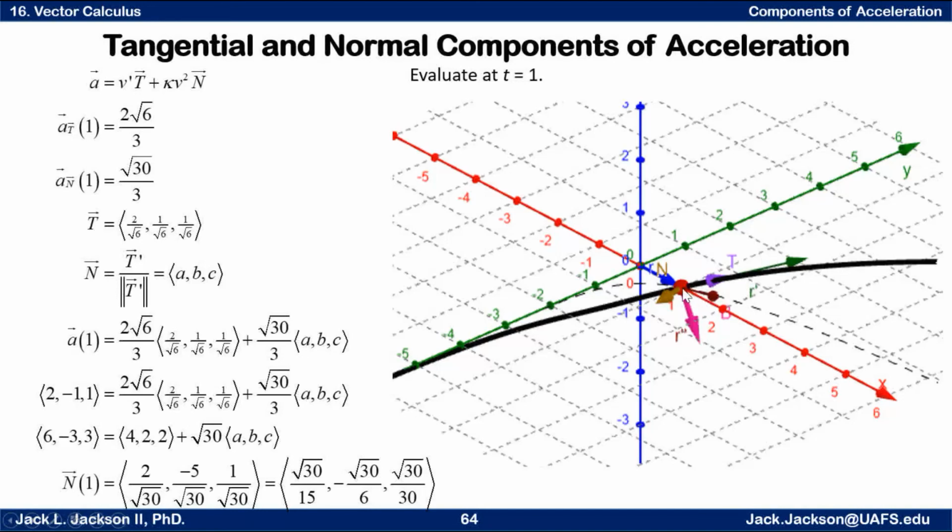And there's going to be a component going in this brown direction, which is going to be, the component is the square root of 30 over 3, but the whole vector is this vector right here that we ended up at the very end. Okay, so there's an example of working out, finding the tangential and normal components of acceleration.